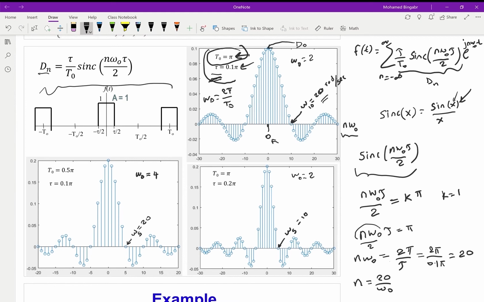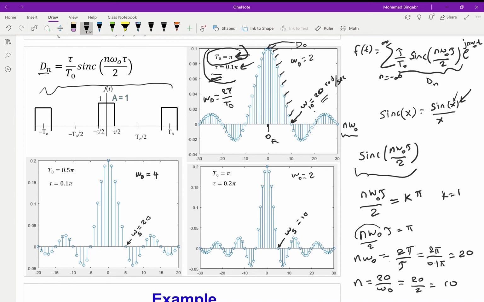So omega 0 is 2. So now that would be 20 over 2 is 10. So this 20 radians per second is the 10th harmonic. And here is omega 10, the 10th harmonic. If you count, that is 1, 2, 3, fourth harmonic, fifth harmonic, sixth harmonic, seventh, eighth, ninth harmonic, and the 10th harmonic.